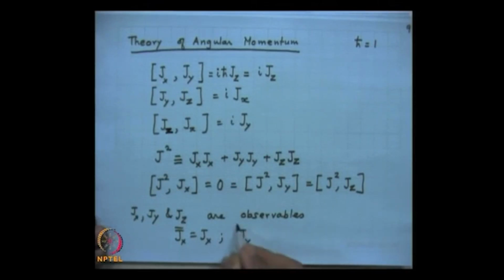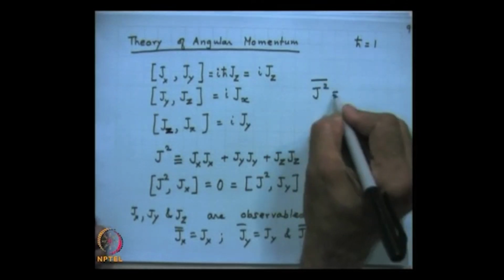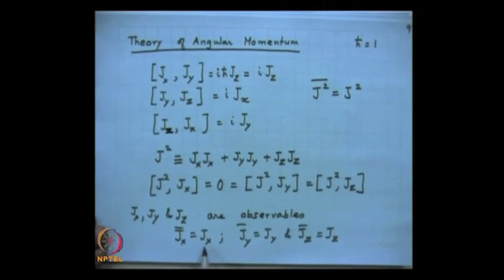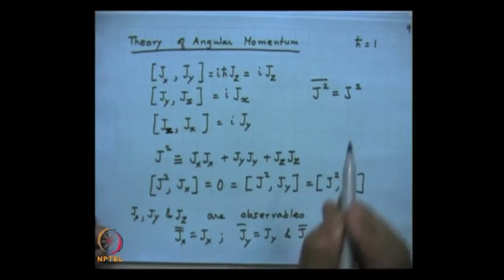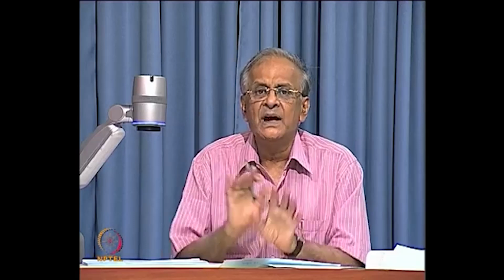J y bar is equal to J y and J z bar is equal to J z, and of course, J square bar is J square. So, J x, J y, J z and J square are real operators. So, we assume just what is written on this paper and nothing else.